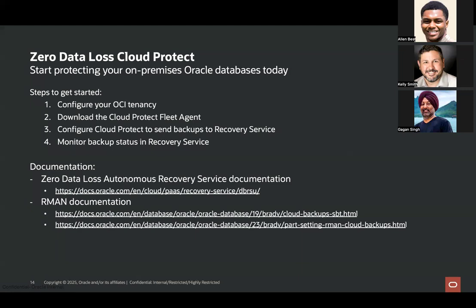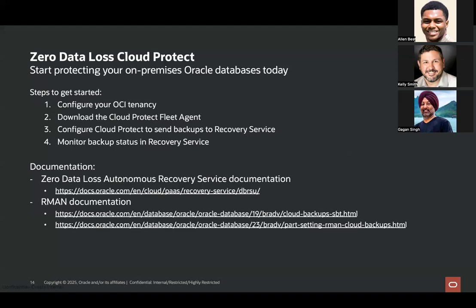You need this for the ability to not only manage your backups within OCI, but also to see and view your backup data once you do get set up on-prem. Then you need to download the Cloud Protect Fleet agent. That will be on your actual on-premise location.